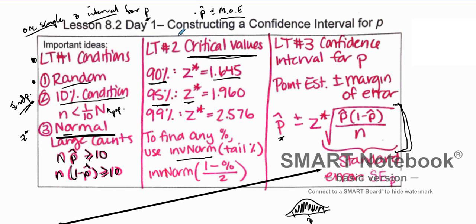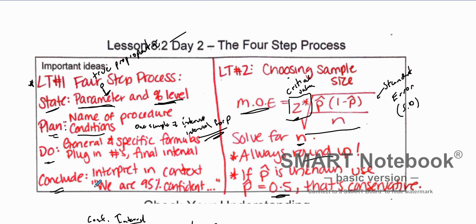We then go through the do part: find your point estimate plus or minus our critical value, whatever that critical value for the z-score would be, times our standard error that we found for our sample. From that, the last part is that we conclude, and when we conclude, we just interpret what we find as our interval. And that is how we go about finding a confidence interval.